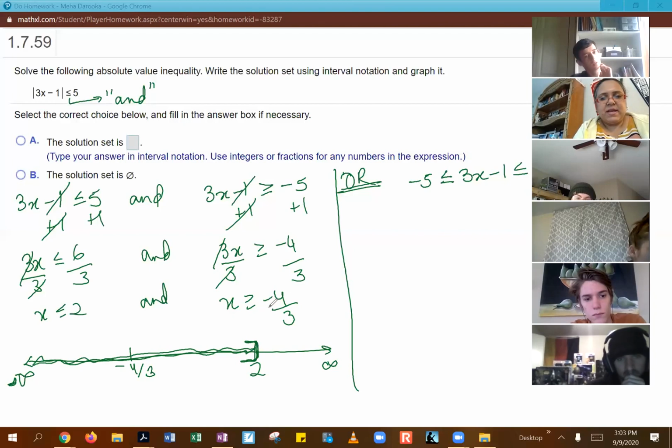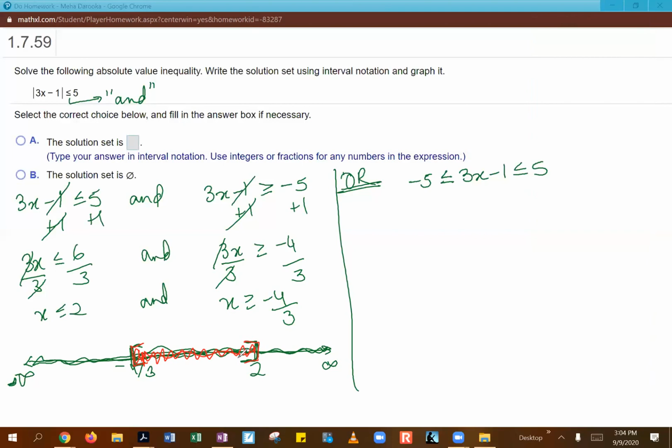And then the other side is saying x is greater than or equal to negative 4/3. So greater than, of course, then we go to the right. And as some of you had that answer, the overlap, of course, is happening in between those 2 numbers, including the endpoints. If you did it as a 3-part inequality, which will, of course, still get you to the same result.